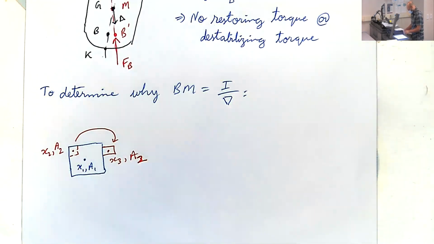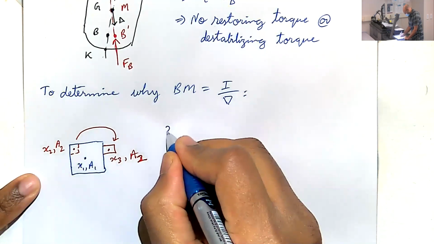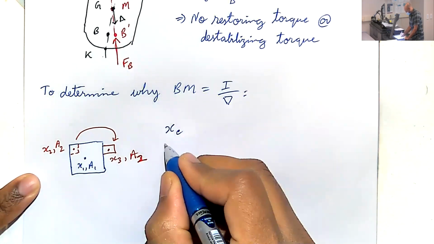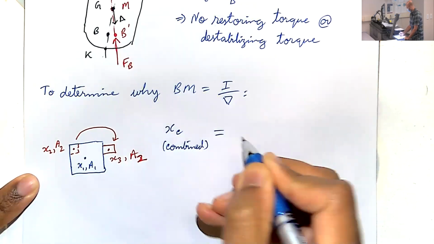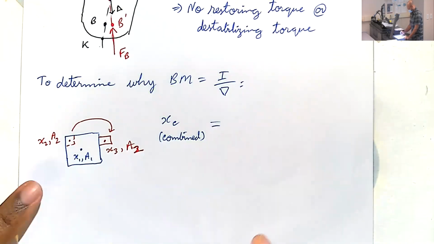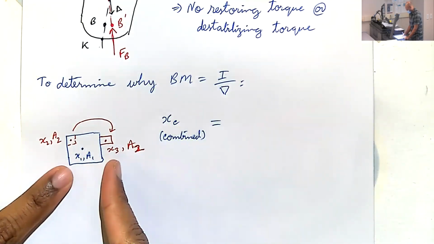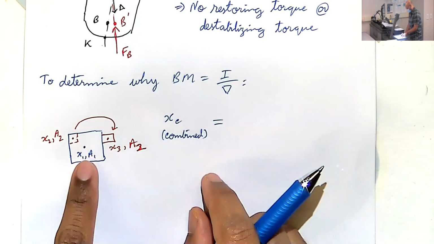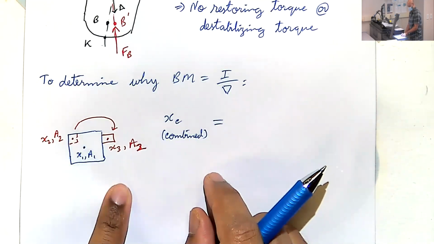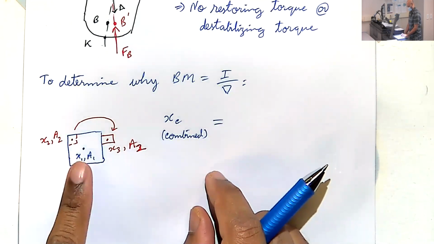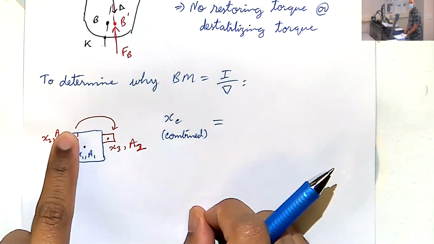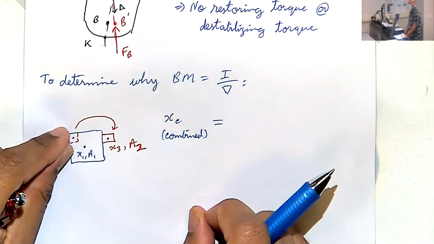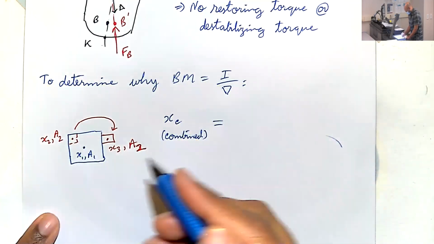So do you remember how we compute the new x centroid, x combined? Okay, so you're saying add all three? One change. You see, you have cut out an area and you have removed it. So this part you would have a negative. Everything else remains the same.